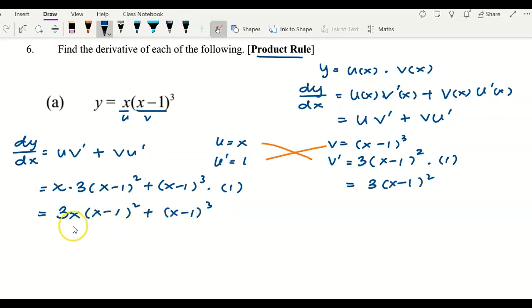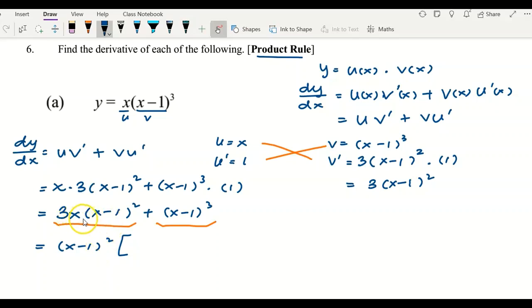Now look at your answer. It consists of two terms. This is the first term and this is the second term. Look at both terms. Is there any common factor that you can factor out? Yes. You have (x minus 1) squared in the first term and (x minus 1) cubed in the second term. So you can factor out (x minus 1) squared because it is a common factor for both terms. What does it mean to factor out?